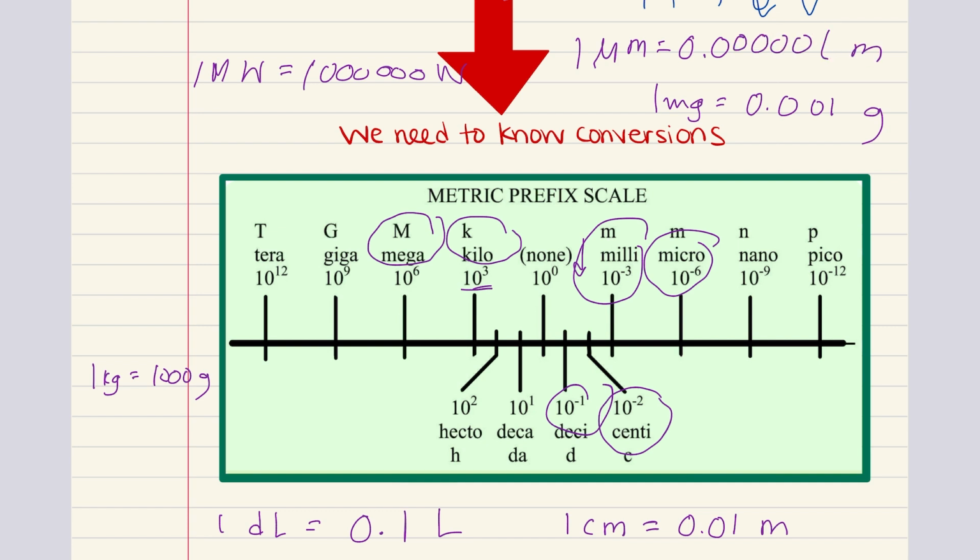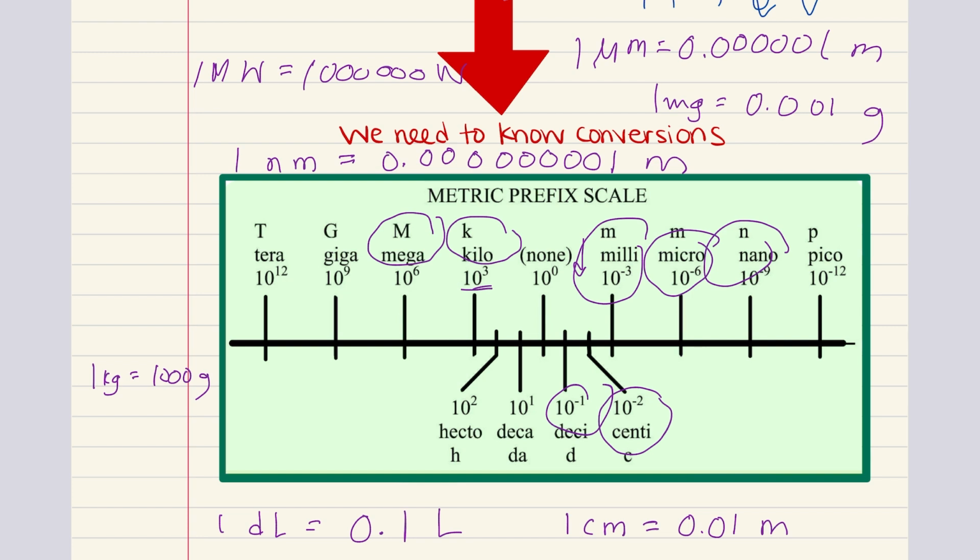And then finally, nano represents 10 to the minus 9, or 1/1,000,000,000th of the base unit. So 1 nanometer is equal to 0.000000001 meter. I know that was annoying, but that's okay. So these are some very important metric prefixes that we should be familiar with.